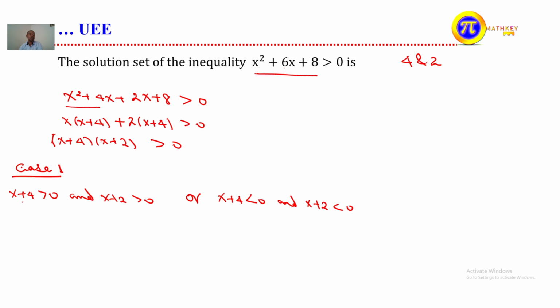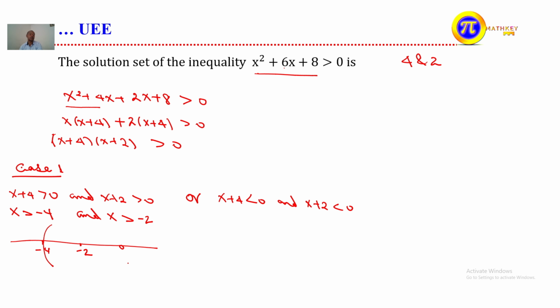When you solve x plus 4 greater than 0, x is greater than negative 4. Similarly, x plus 2 greater than 0 gives x greater than negative 2. Take the one which is common for both. Here is negative 4, negative 2, and let's say 0. When x is greater than negative 4, it doesn't include negative 4, it is open.